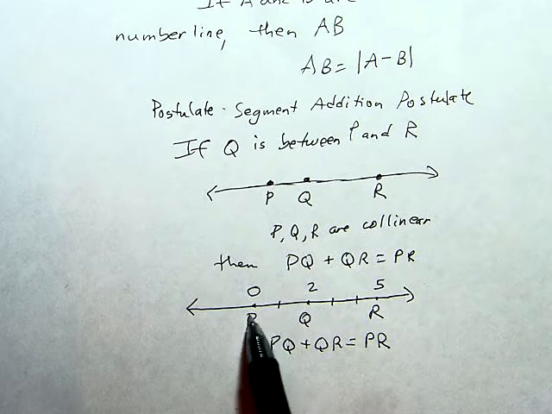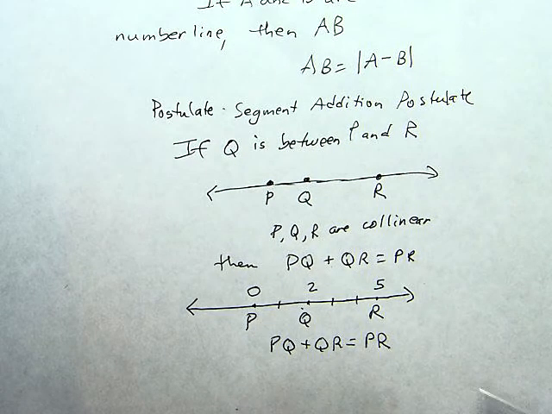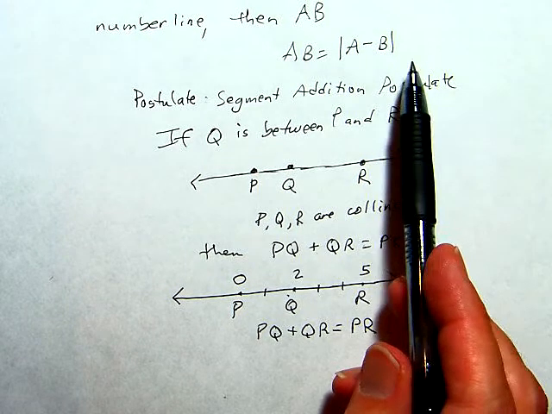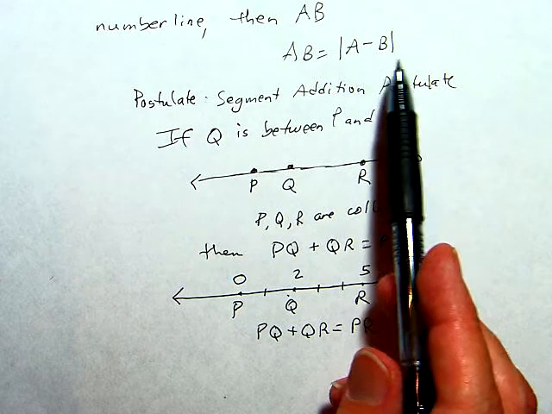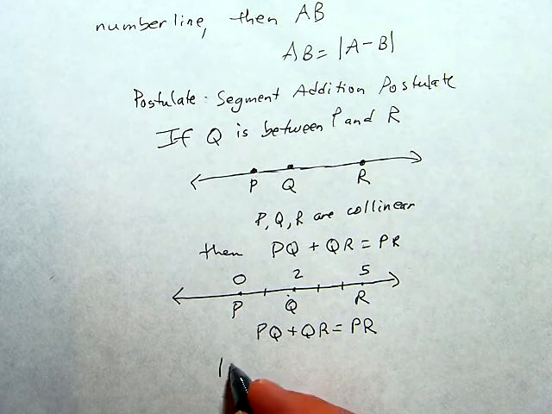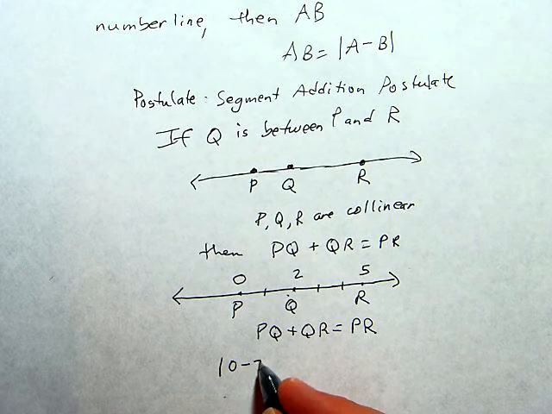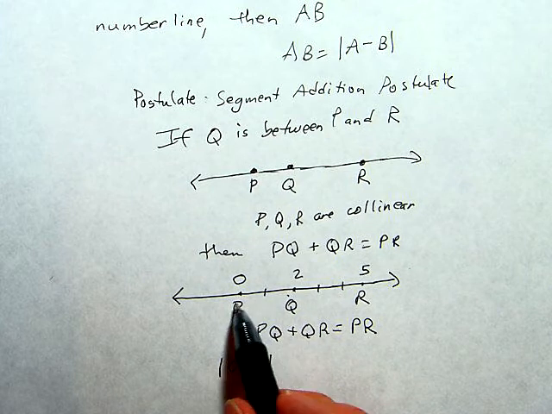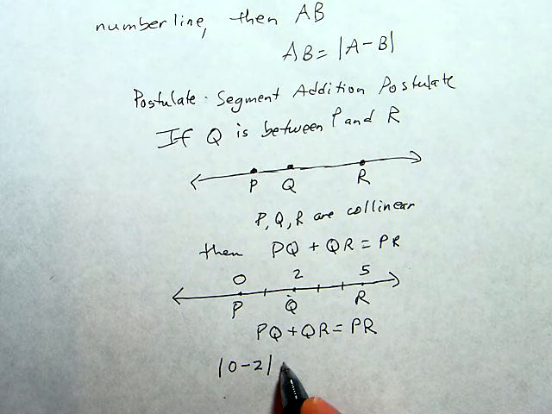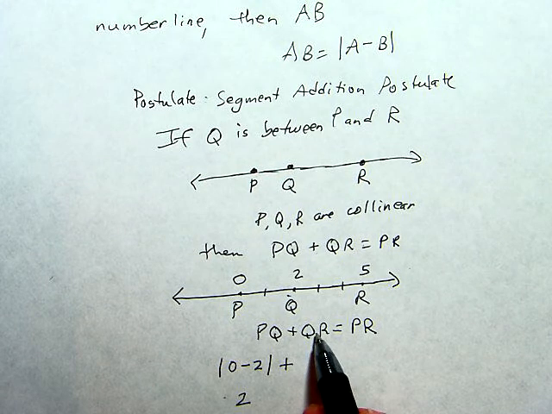So the distance PQ is the distance between P and Q. What is that? Well, we set up here, it was the absolute value of the difference of A minus B. So that would be the absolute value of, let's say, 0 minus 2. That's the absolute value of P minus Q. Well, what is the absolute value of 0 minus 2? Just 2, right? Okay, plus QR.